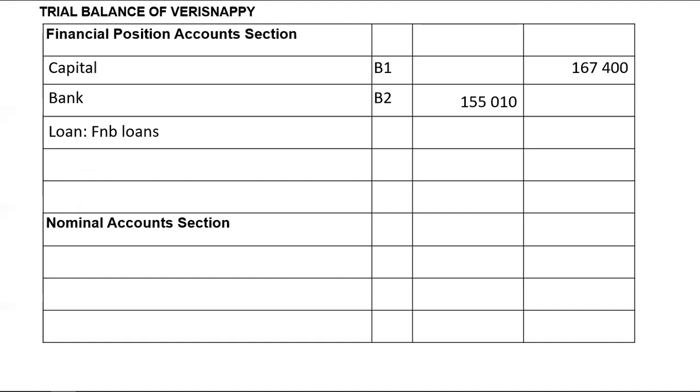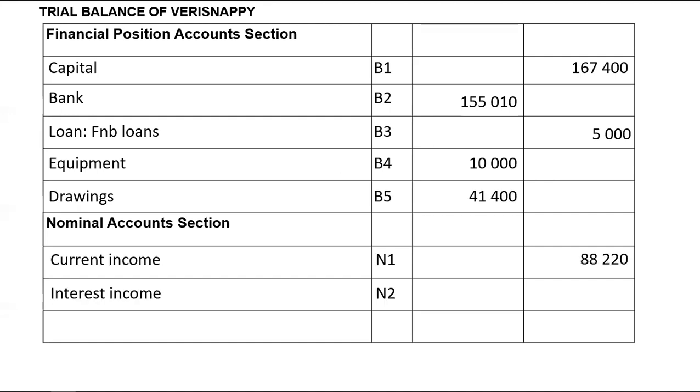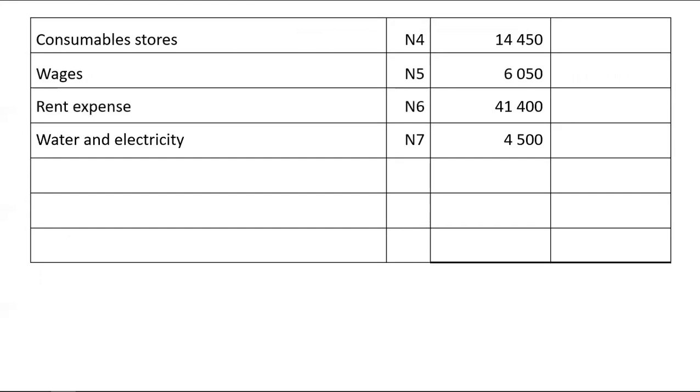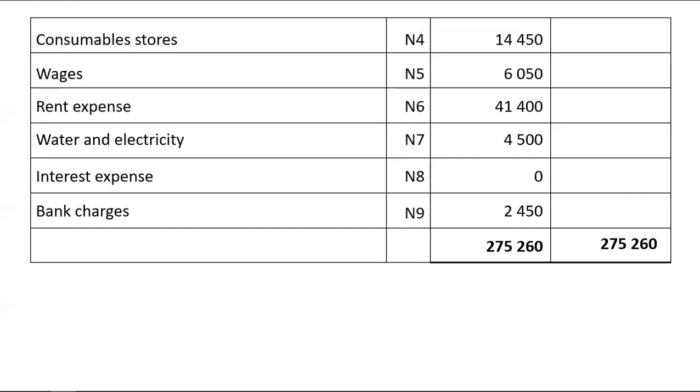And that's why you will be on the debit side, which is 155,010. When you add the debit side and the credit side, they must give you the same balance. And the balance in the trial balance in this case will be 275,260.